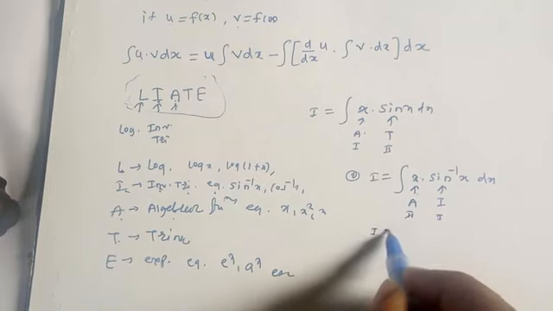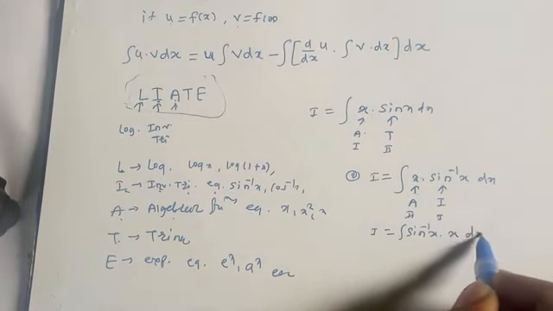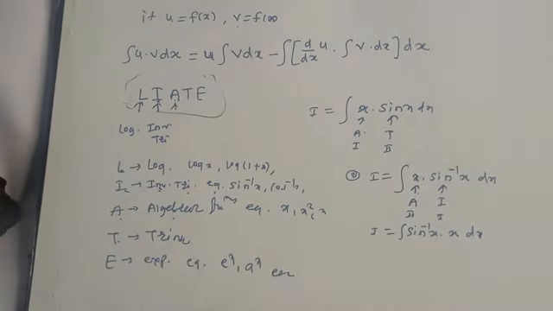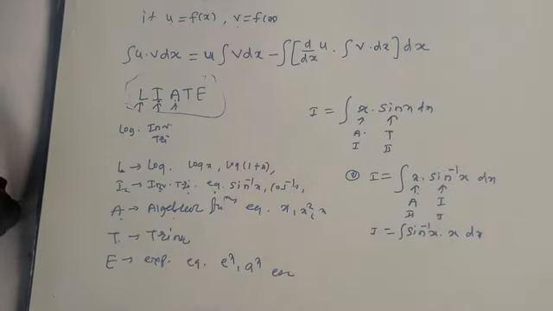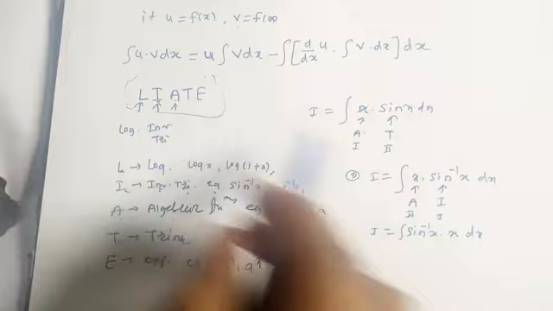So we take I equal to integration sine inverse x into x dx, and then evaluate using the product rule formula. We just have to use this trick to solve any type of integration that involves the multiplication of two terms.